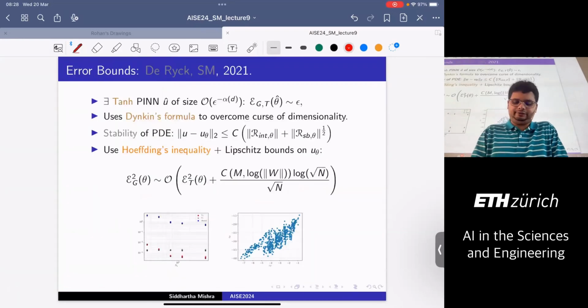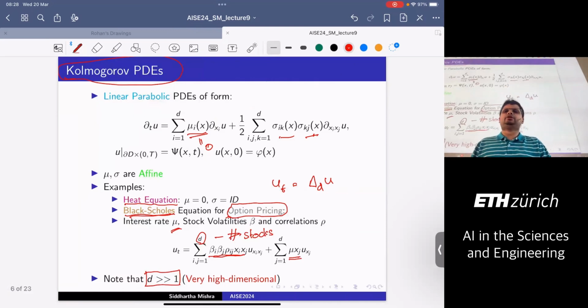The idea is that if you take a neural network, of course, you have to take the tanh activation function. You can take some other activation function like sigmoid; this will also work. The main point is that the size of the neural network is not going to grow exponentially, because otherwise of course you can get a low accuracy.